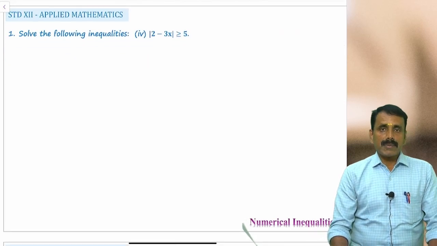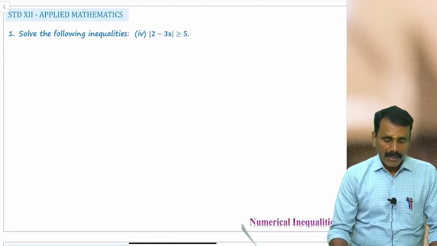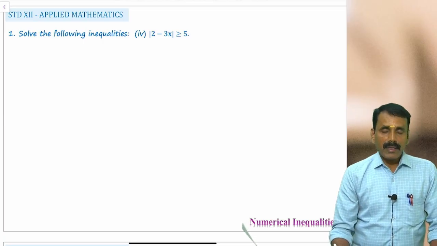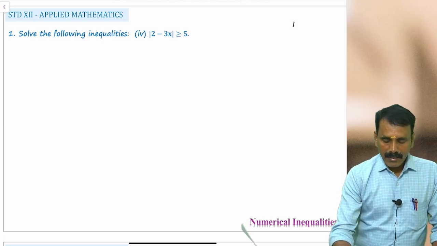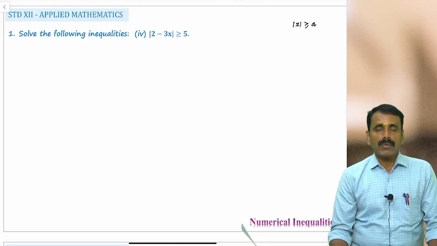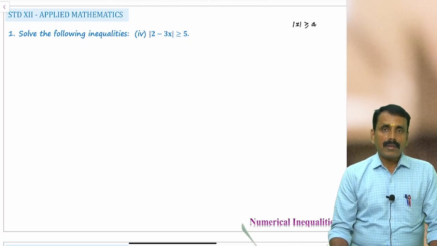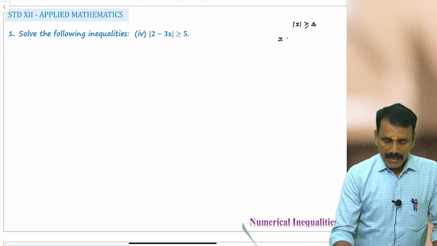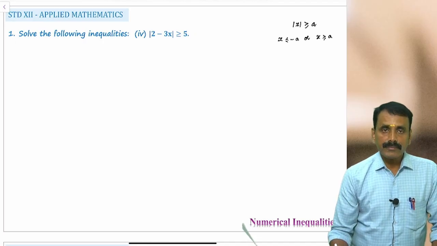Now, consider this expression, modulus of 2 minus 3x greater than or equal to 5. And again we are having the expression mod x greater than or equal to a. So, how to solve this one? We must take x less than or equal to minus a or x greater than or equal to plus a.